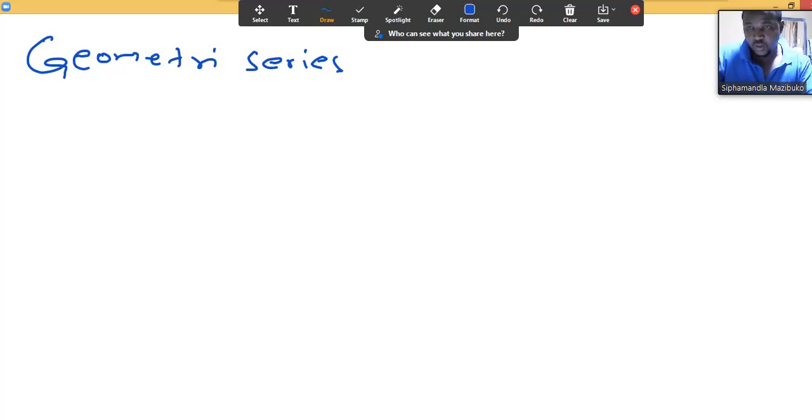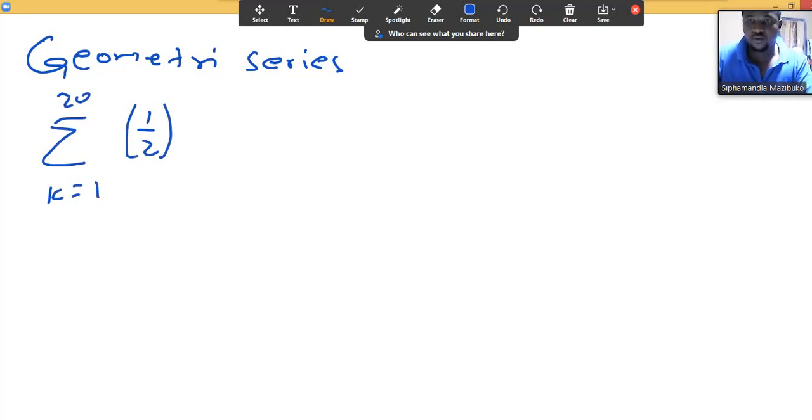Let's look at this one. The summation of k equal to 1 to 20 of 1 over 2 to the power k. So let's say we want to expand this, and then we'll look at our first 3 terms as well.